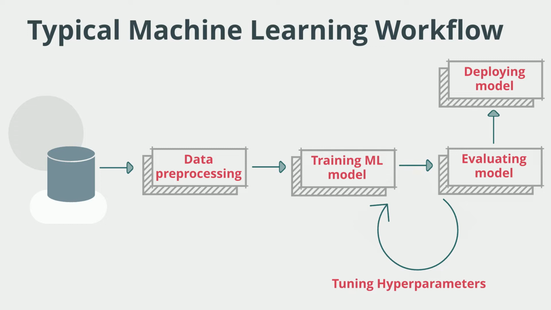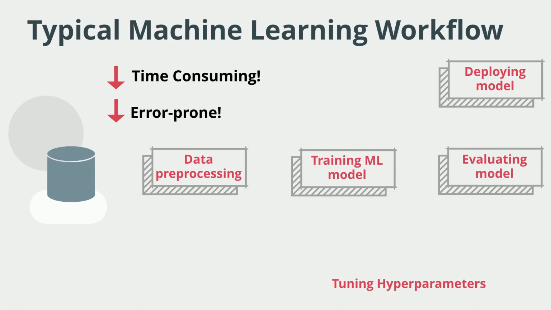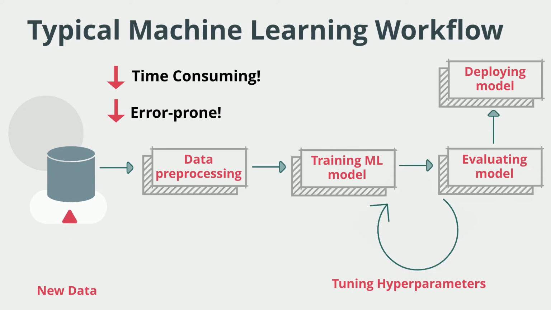Preparing the data in the appropriate format and tuning the model's hyperparameters is a tedious and time-consuming task. 2. The complexity of these steps makes it more prone to error. And 3. As new data comes in, updating the model would require repeating the whole process, making this workflow not very suitable for real-time applications.